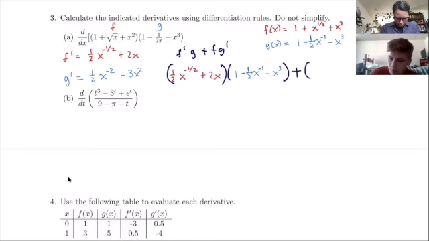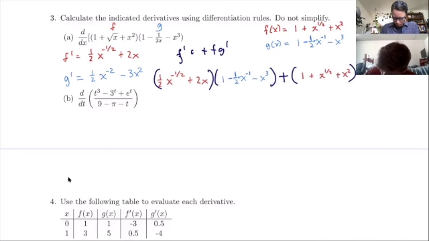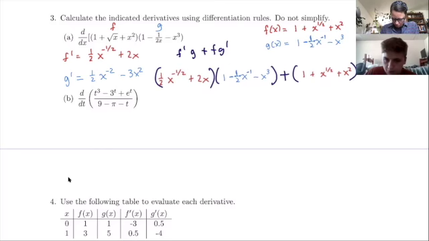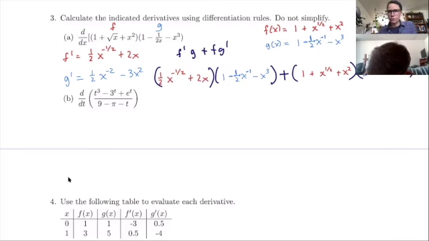Plus, and the next piece is f. And the next piece will be g prime. Let's give ourselves, whoops, just a little more room here. Make sure that I have parentheses around everything where I need to have it. Keep things nice.